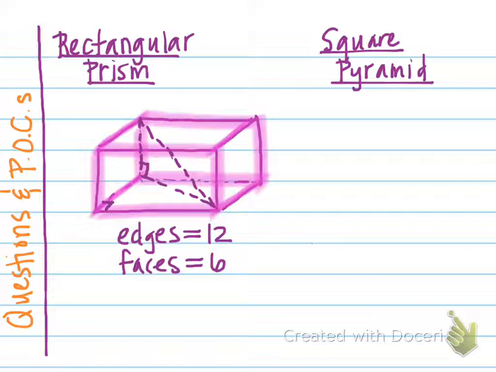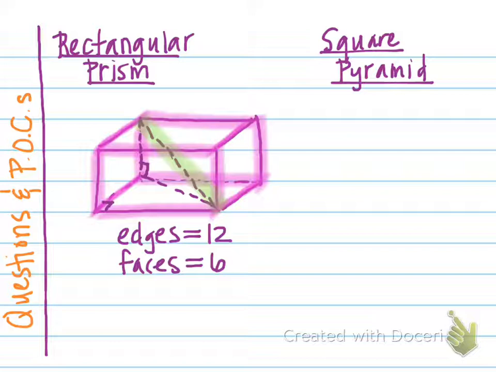But that diagonal I drew right here, there are actually 4 of them in the shape. I have 8 vertices total, and that means there are 4 pairs of opposite vertices. I'm just going to draw one in my picture because I don't want my picture to look crazy.